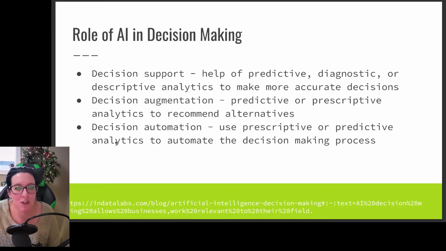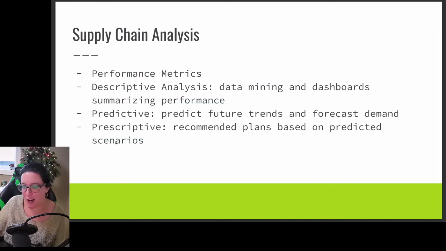We also have decision augmentation, and this is where the computer is giving you recommended alternatives that you will then choose from. And then we have decision automation, where we are having computers actually automate the decision-making process and making the decisions for us. So there are a number of different levels in terms of automation and artificial intelligence in supply chain management.